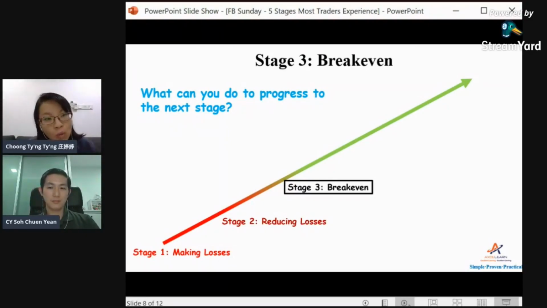Then from that onwards, you will know how to progress, because if you start from scratch, it's very difficult. For the first, second and third stage, my personal opinion is that I would encourage you to copy other people's trading strategies, and from there, you modify.